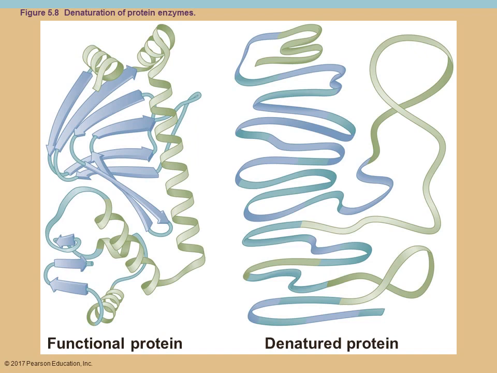Now, your functional protein structure determines function. So the overall 3D shape of that protein is what determines whether it's functional or not. You destroy or disrupt that 3D shape, it's no longer going to be functional, and that's what we call a denatured protein.